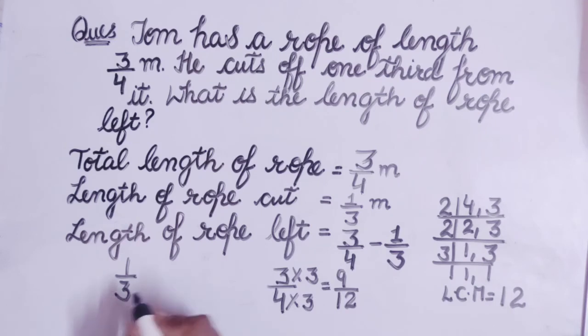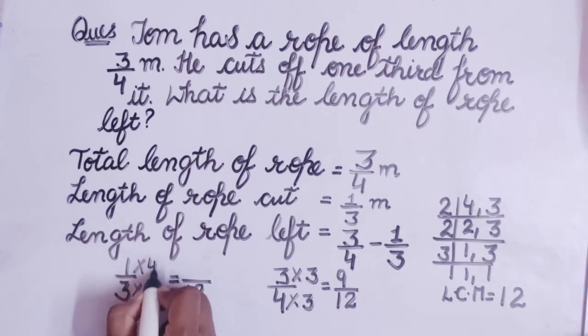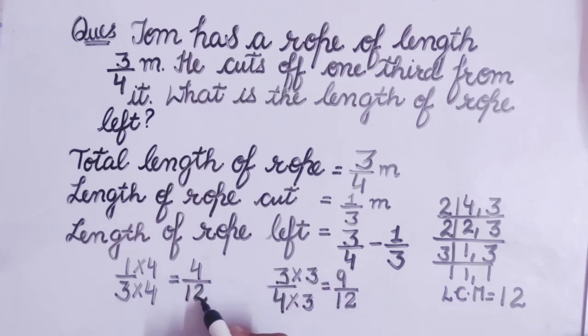We have to make this denominator the LCM, that is 12. Now, by which number should we multiply the denominator so that it can be 12? 3 4s are 12. So we will multiply by 4. Now the rule says that if we are multiplying by 4 in the denominator, with the same number we have to multiply the numerator. 1 4s are 4. So we have made 1 by 3 as 4 by 12.